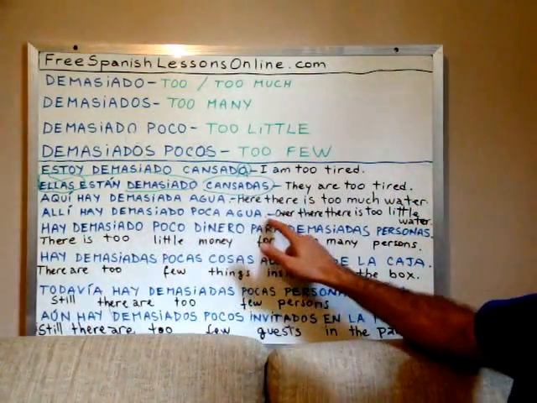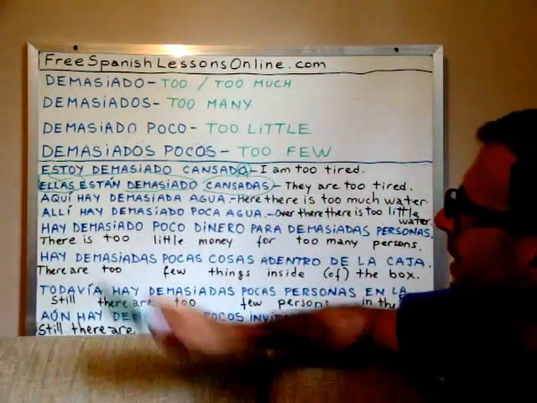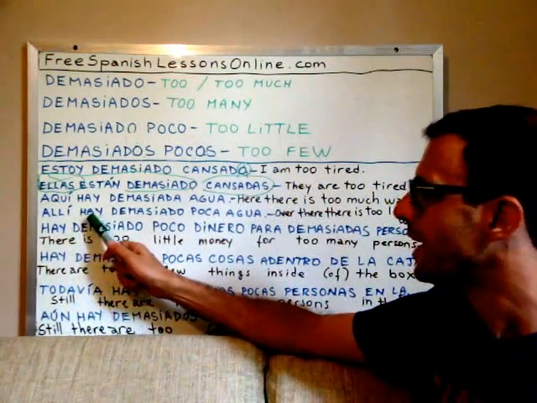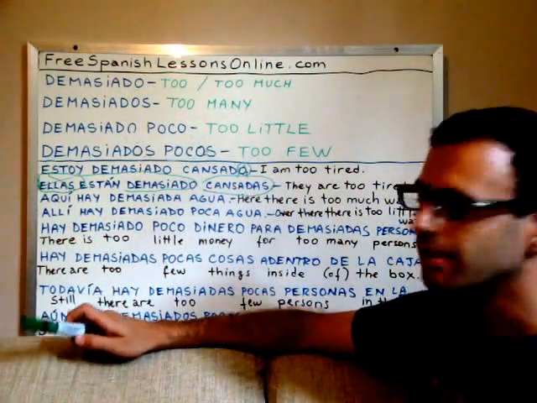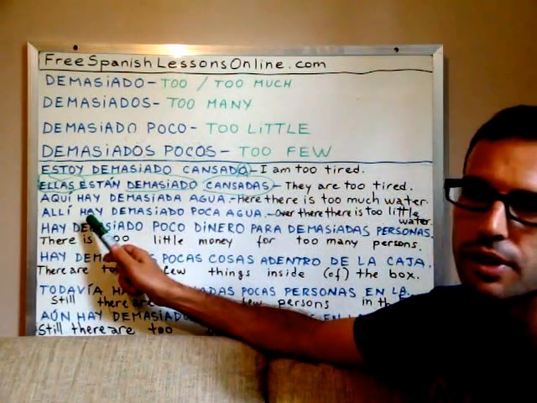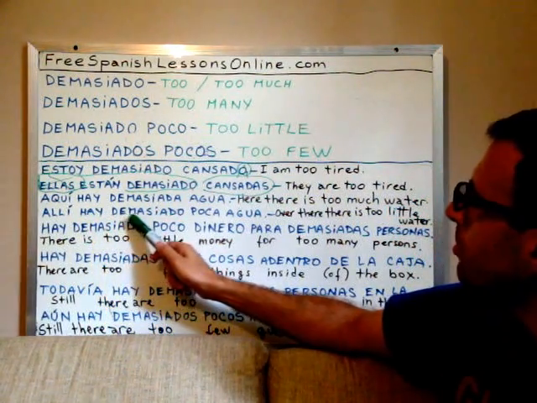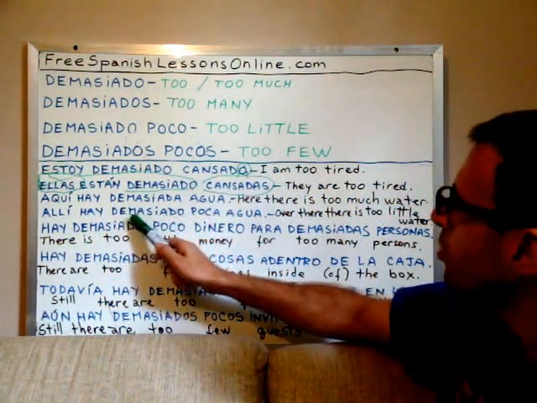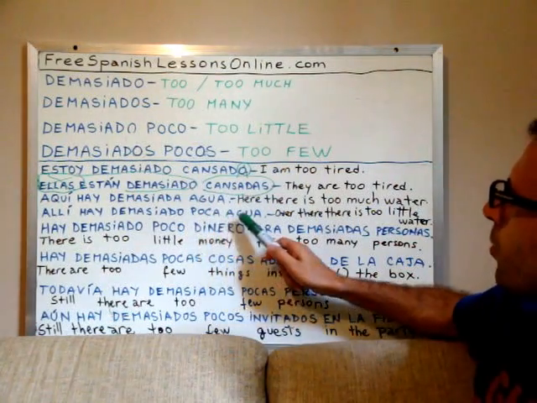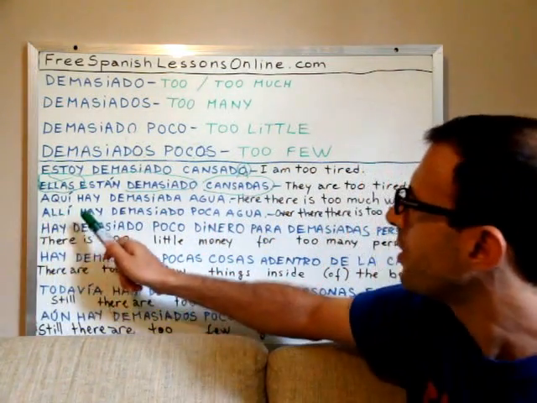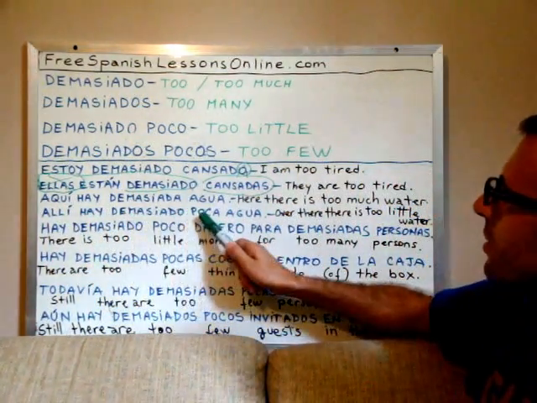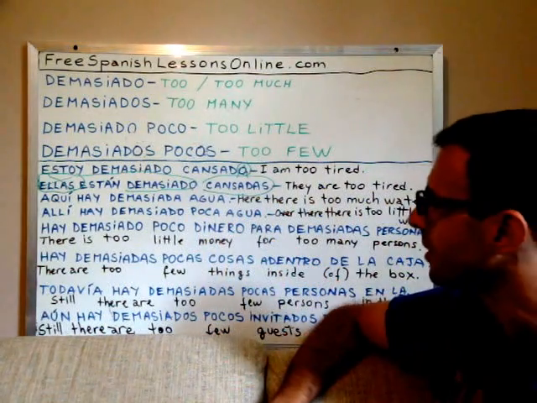So in English I translated it as over there. Hay, here H-A-Y, is there is, okay? It comes from the verb haber. Hay, too little water. Over there, there is too little water. Okay?